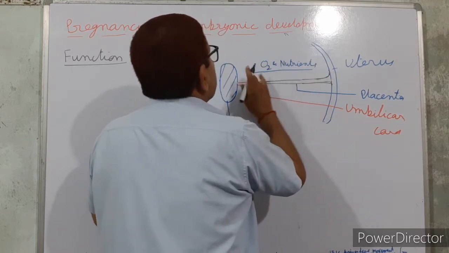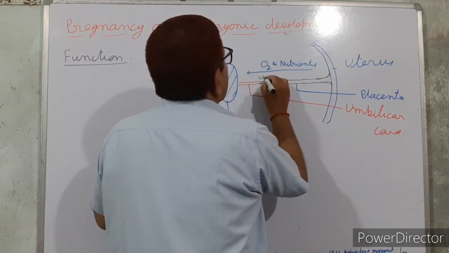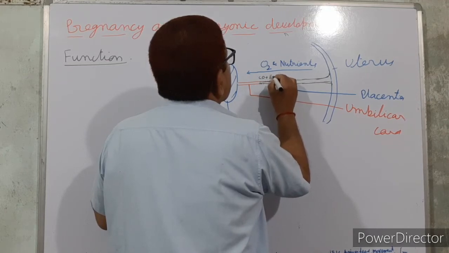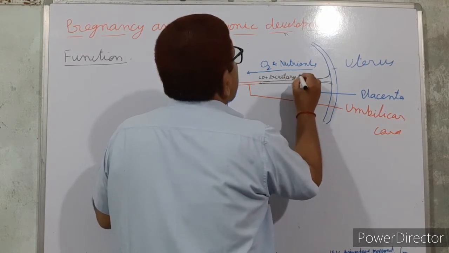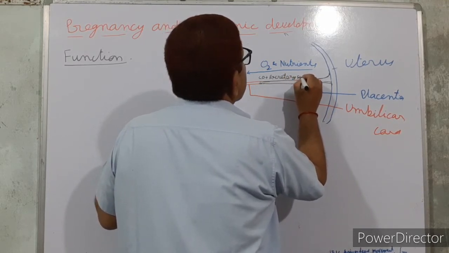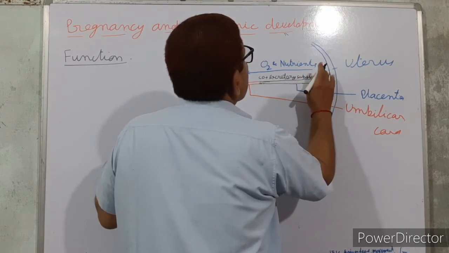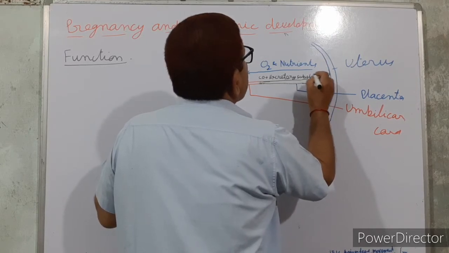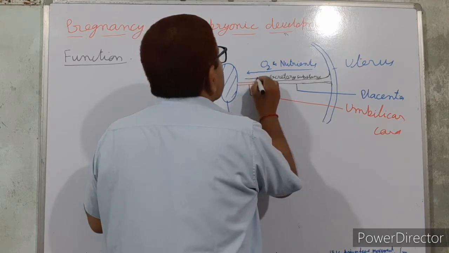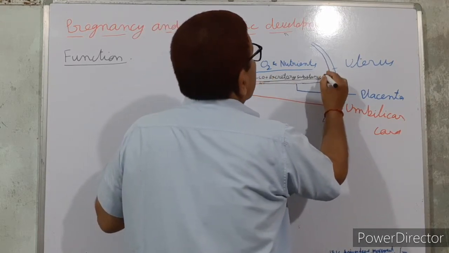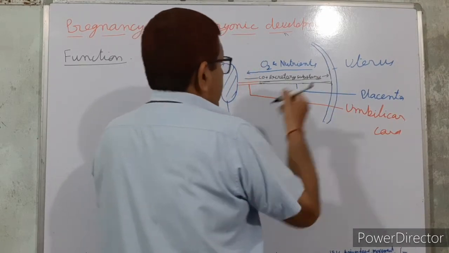Carbon dioxide plus excretory substance, its transportation takes place from embryo to mother.